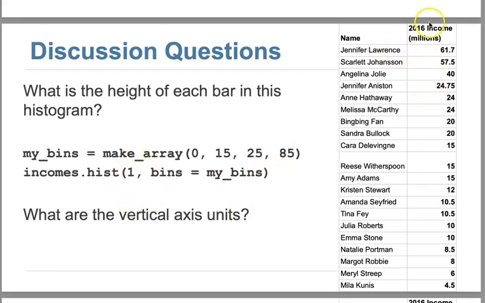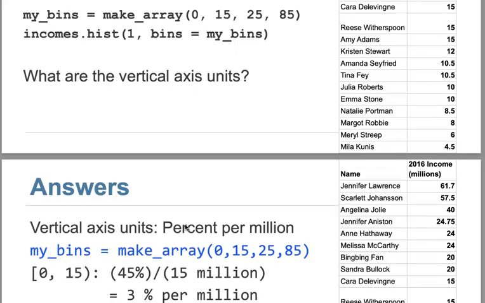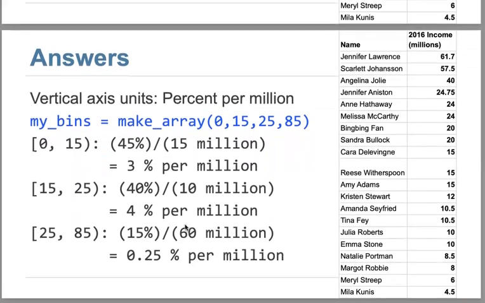Since you're using this column as the x-axis, your x-axis unit is millions. So the vertical axis unit is the individuals or percentage over your x-axis unit. So that will be percent per million.